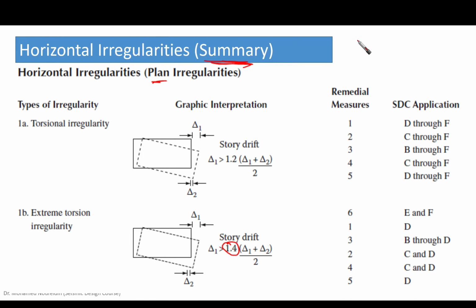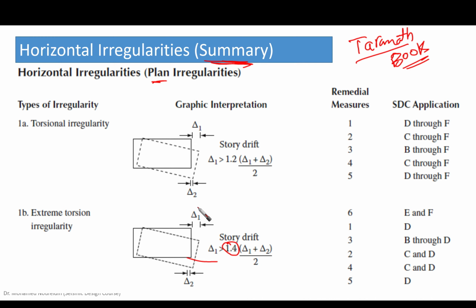This is actually from Taranath's book, which is a very famous book. Even though I have some comments on this book, anyway, it is good in some ways because it is listing the summaries and making it easy for us to understand.